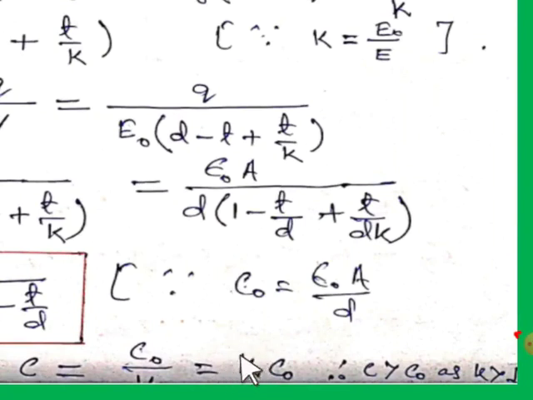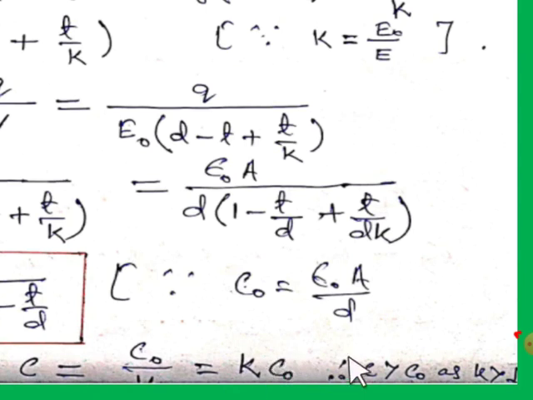So as this K is always greater than 1, your capacitance of the parallel plate capacitor when a dielectric medium is introduced will be equal to K times, that means the dielectric constant times, the capacitance of the parallel plate when there was no dielectric medium, that means in vacuum.